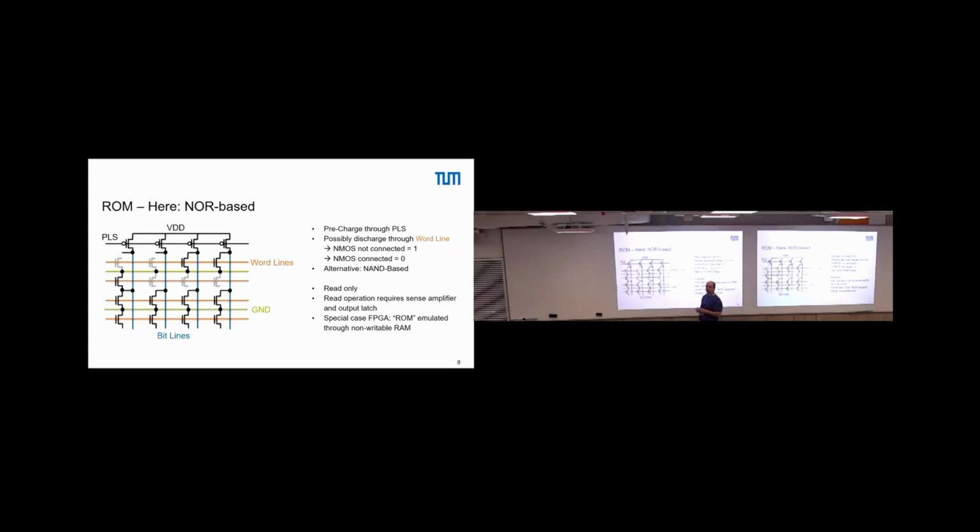So how do we physically implement this? Well, we have a kind of CMOS-looking structure where transistors that are connected and NMOS transistors that are not connected represent the stored values. And I have a PLS, which is independently controlled from the NMOS. So what is PLS?